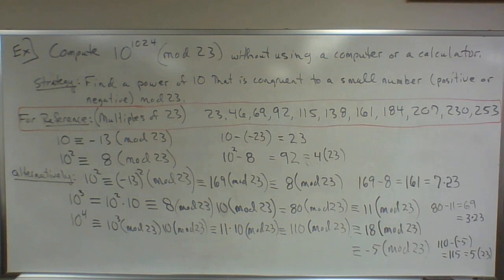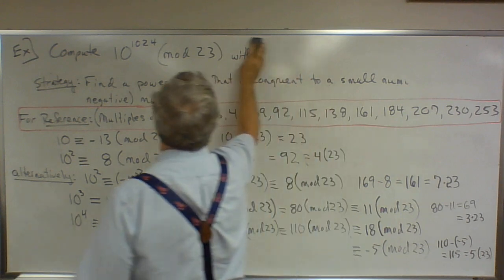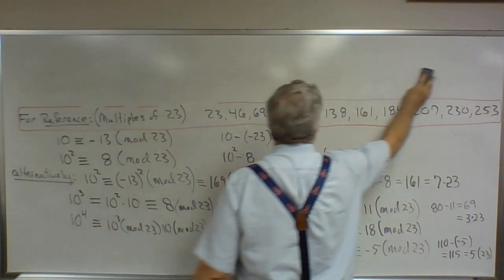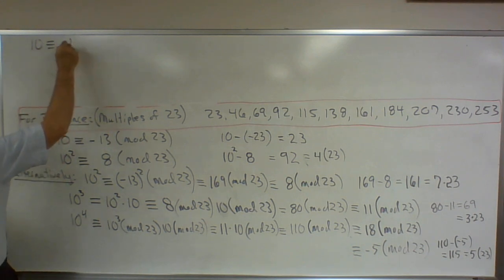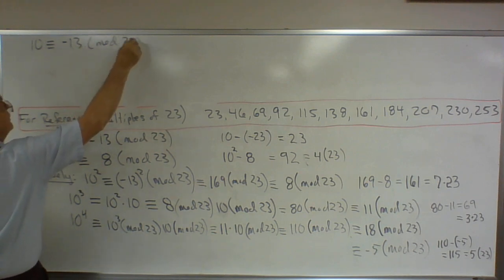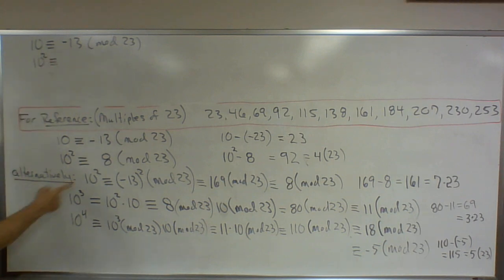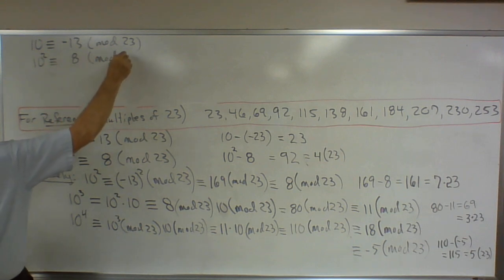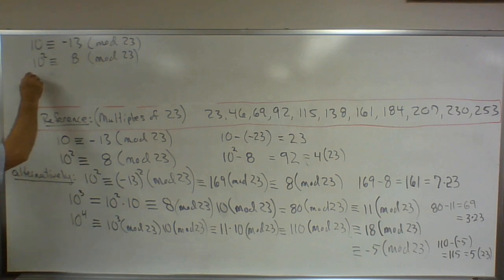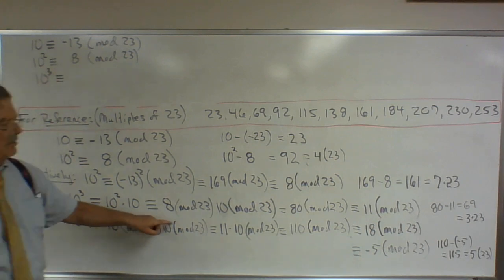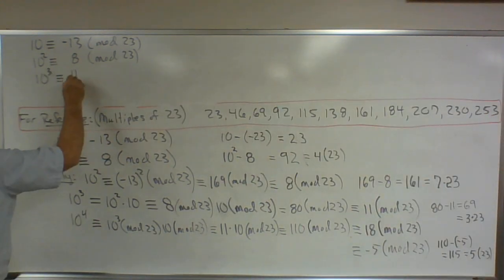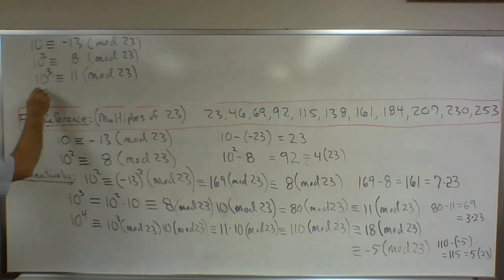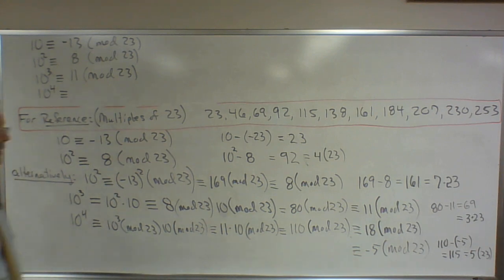I'm running out of board space, so let me just write down what we've established so far. 10 is congruent to negative 13 mod 23. 10 squared is congruent to 8 mod 23. 10 cubed is congruent to 11 mod 23. 10 to the 4th is congruent to negative 5 mod 23.